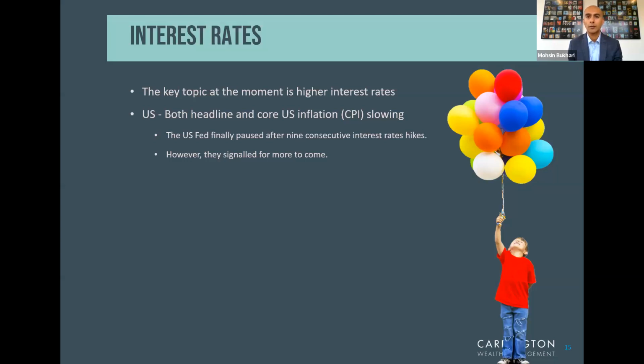So one this month and then one perhaps later down the line in September. So that has got the markets on the back foot, because clearly, even more interest rate hikes are generally perceived as an unhelpful environment.